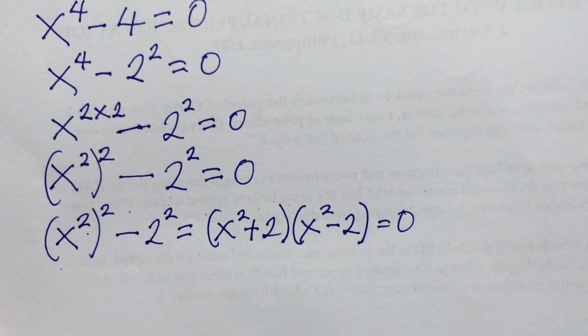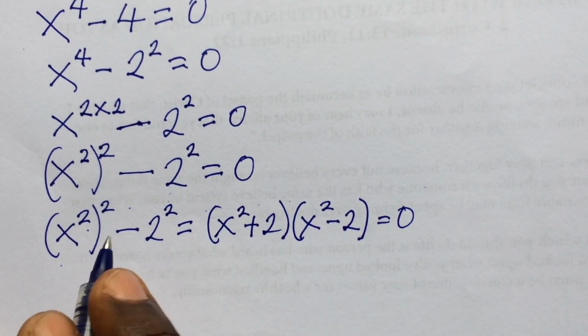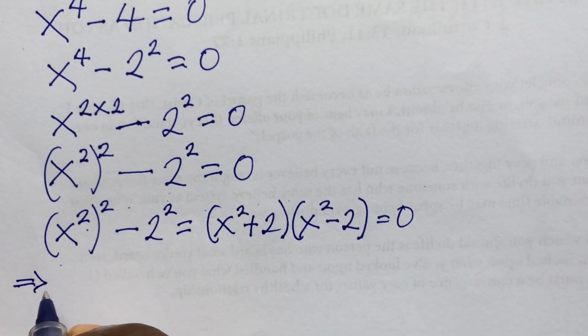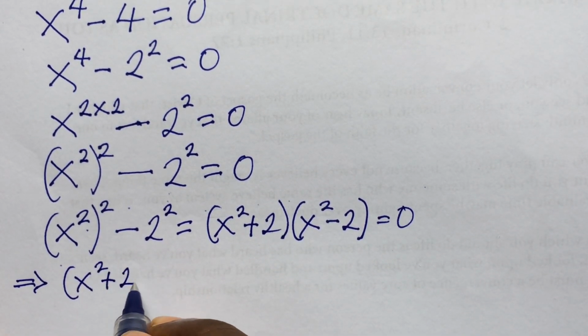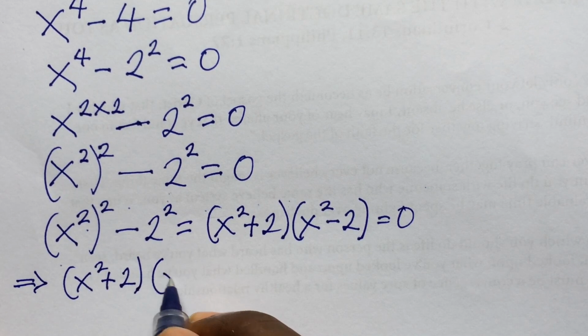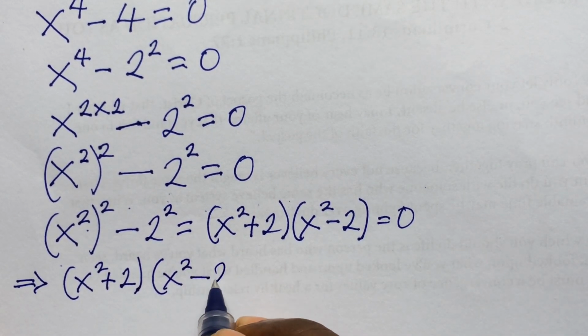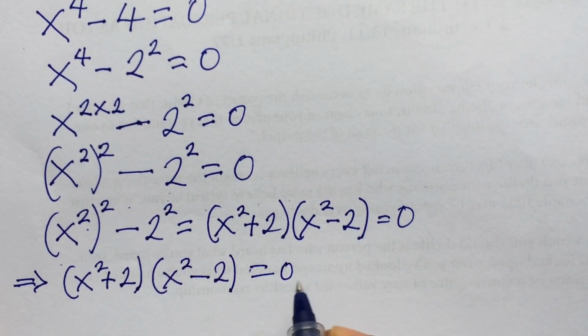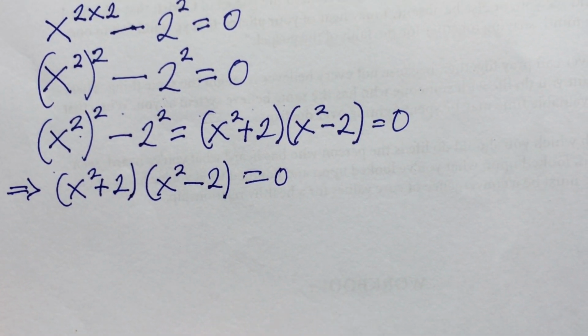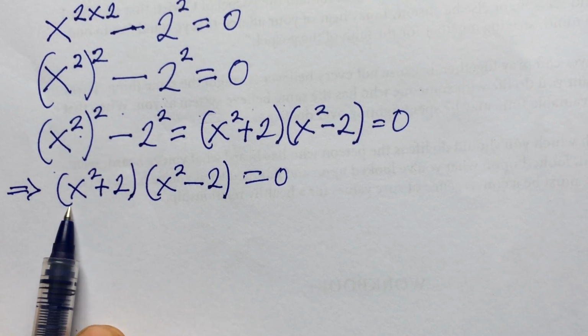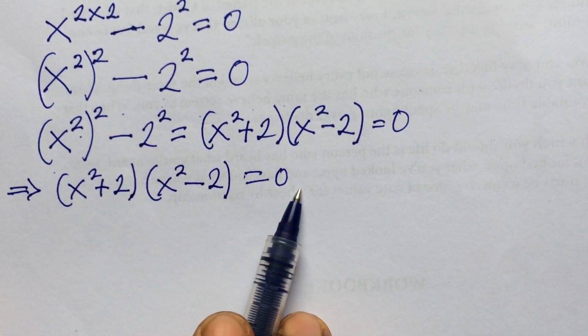Good. Let's forge ahead. So this now implies that bracket x to the power of 2 plus 2 close bracket, bracket x to the power of 2 minus 2 close bracket equal to 0. Now we apply the zero product rule, which says that we equate each factor to 0.